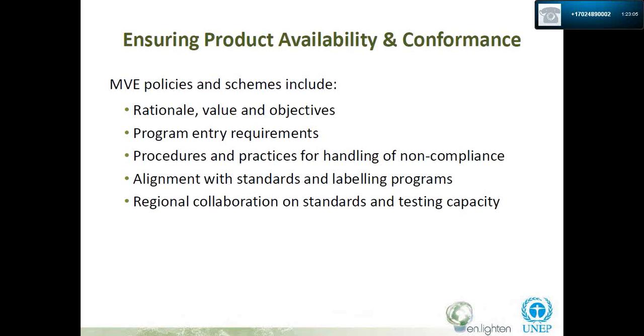The procedures and practices for handling of noncompliance have to be clear to everybody. They should be discussed in advance. They should be very clearly aligned with standards and labeling programs, and the timing of all these needs to be coordinated. Finally, any regional collaboration should be worked out, both on the standards and on the buildup of testing capacity.